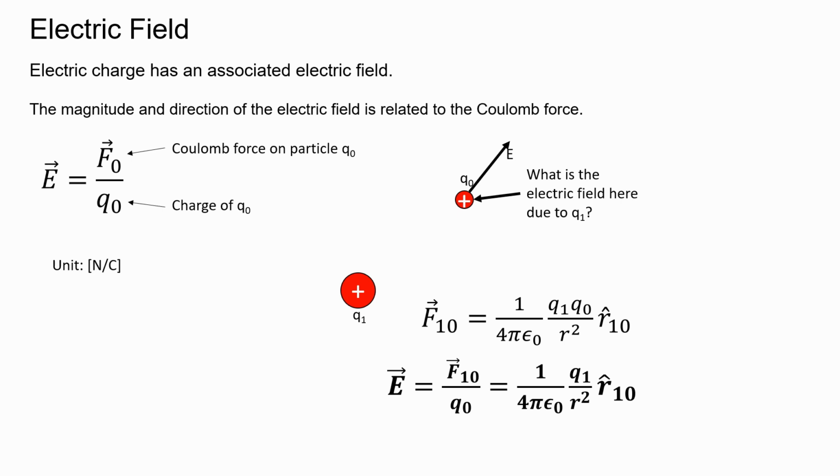And this is the general idea for calculating electric field. We imagine an imaginary charge, Q naught, at some location where we wish to evaluate this electric field. We calculate the Coulomb force at this location on this imaginary charge, and then by dividing by the charge of our imaginary particle, we can calculate the electric field.